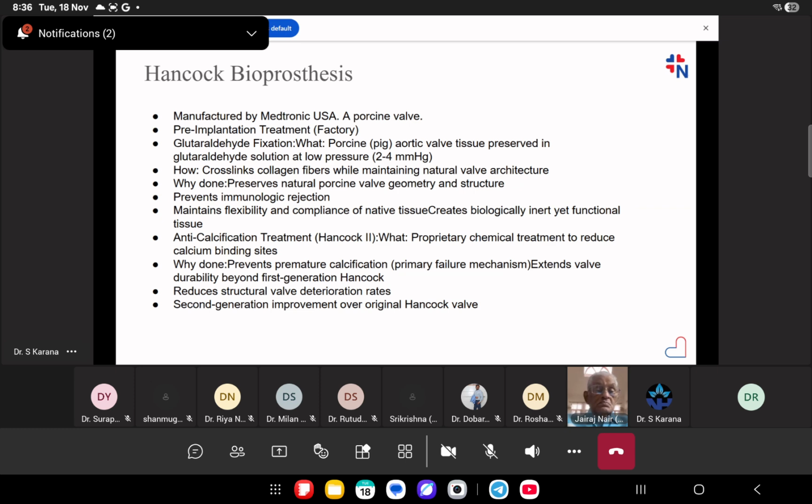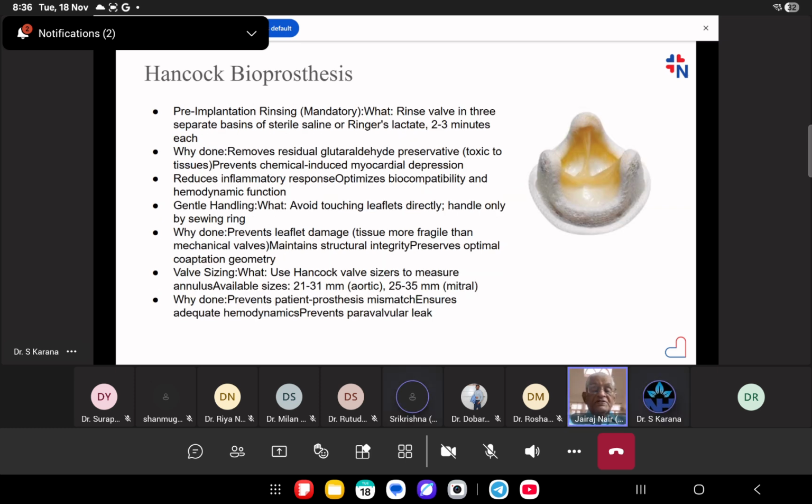What do you mean by zero fixation? Sir, in the preservative, the leaflets are made just to float. They're not fixed with any high atmospheric pressures. I think the fixation to the sewing ring is that there is no pressure difference between the inflow and the outflow, from the ventricular side or the aortic side.